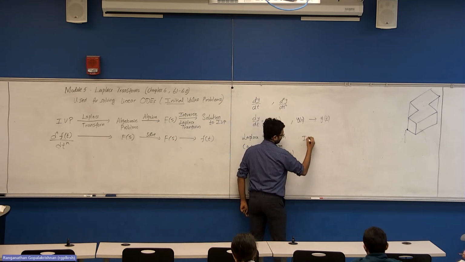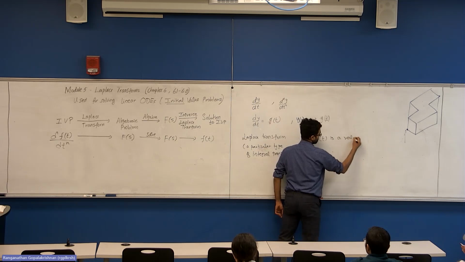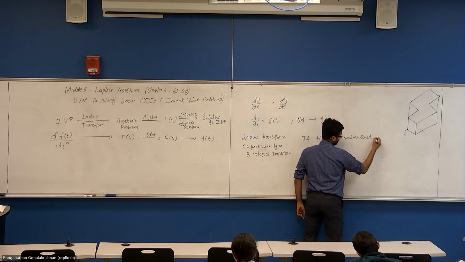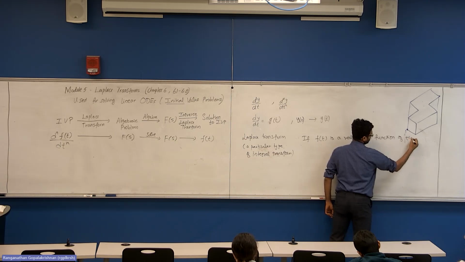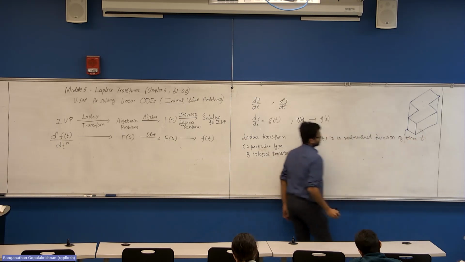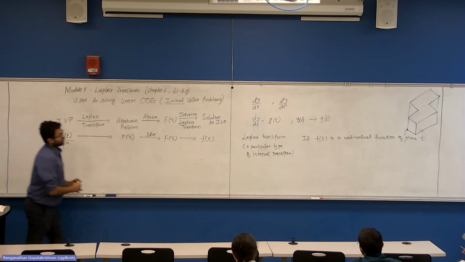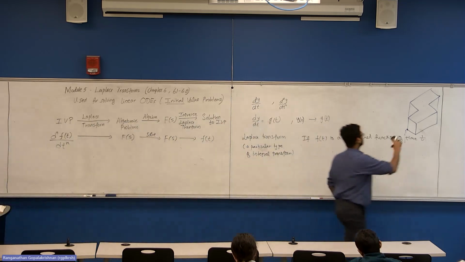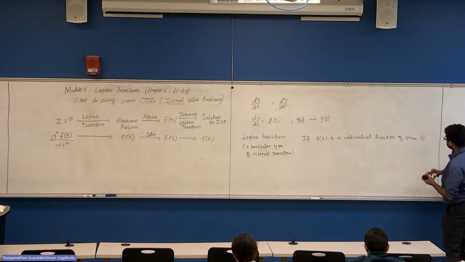And if f of t is a real valued function of time, which we'll denote by t, so we'll reserve the symbol t only to denote time and not any other quantity in this chapter. And obviously, if it's time, it can only be positive.